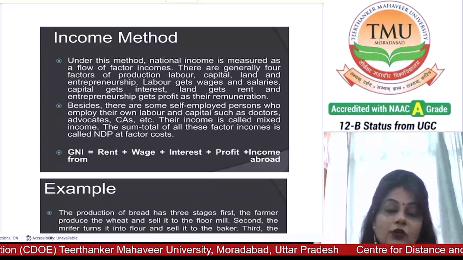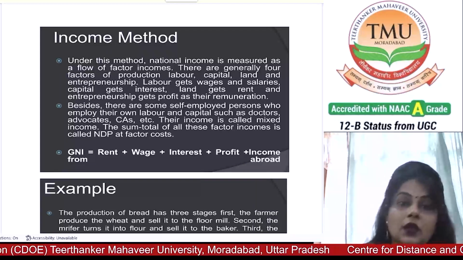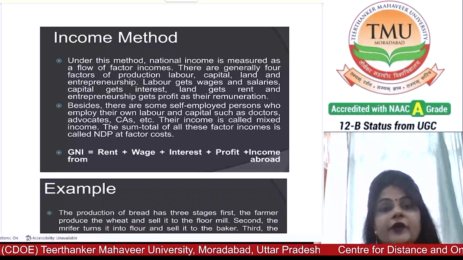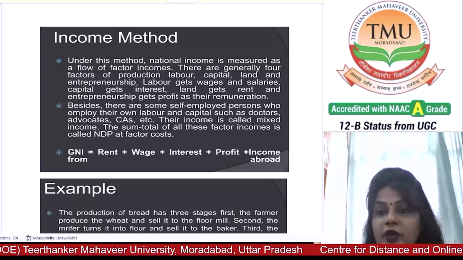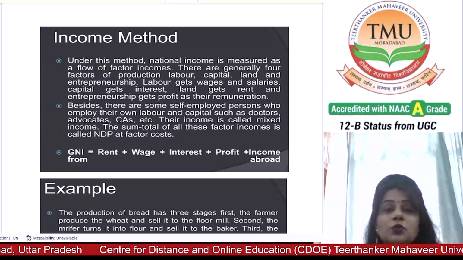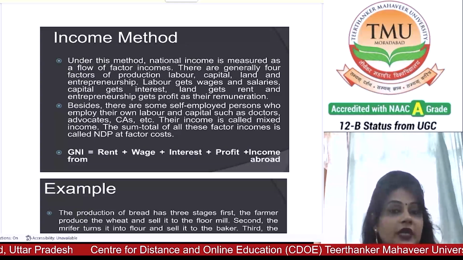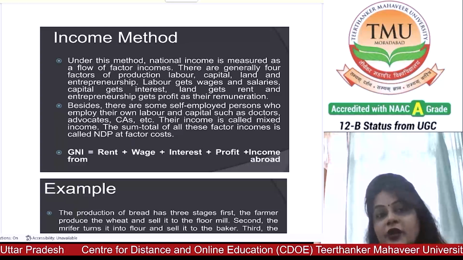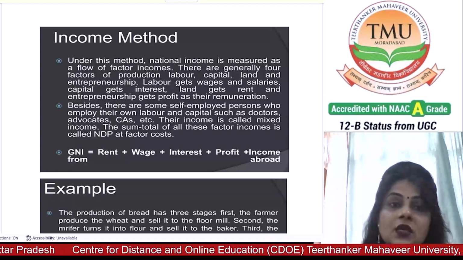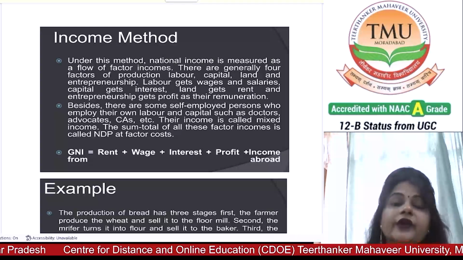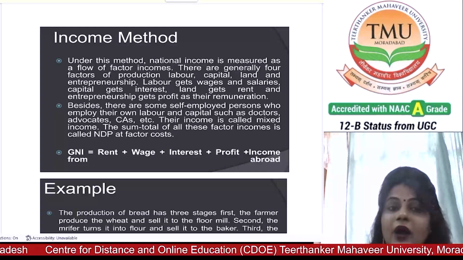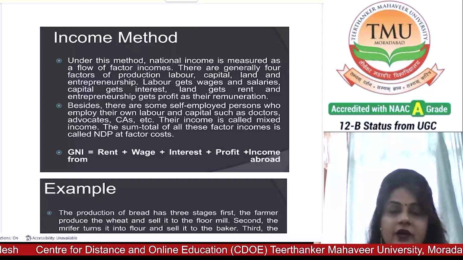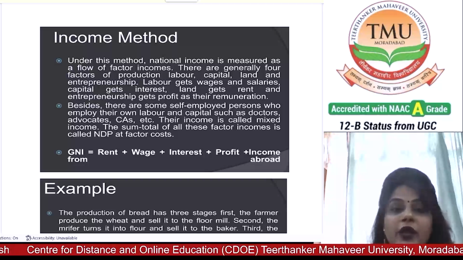Now we discuss mixed income under the income method. It is income generated by unincorporated enterprises. So mixed income is generated by unincorporated enterprises such as small shopkeepers, retail traders, etc., and own-account workers like farmers, warriors, doctors, advocates.